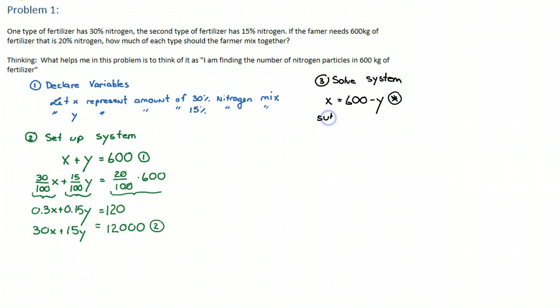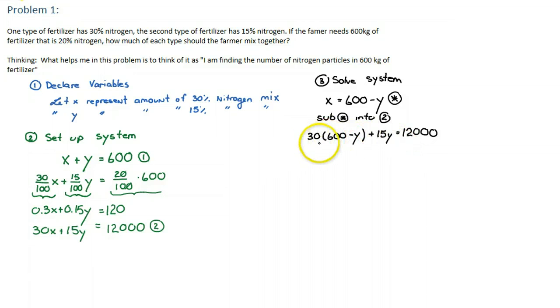We're going to sub star into equation 2. So I'm going to get 30 times (600 minus y) plus 15y equals 12,000.